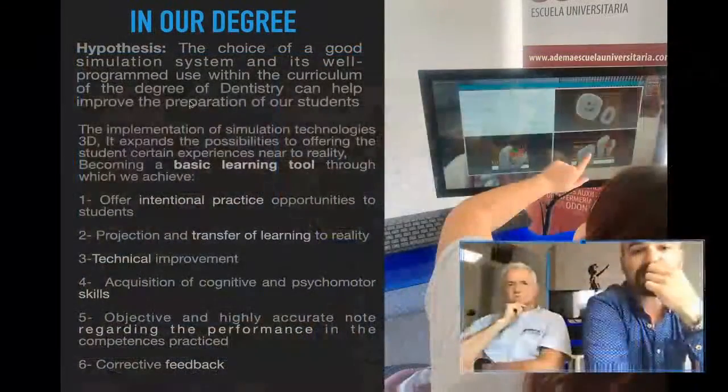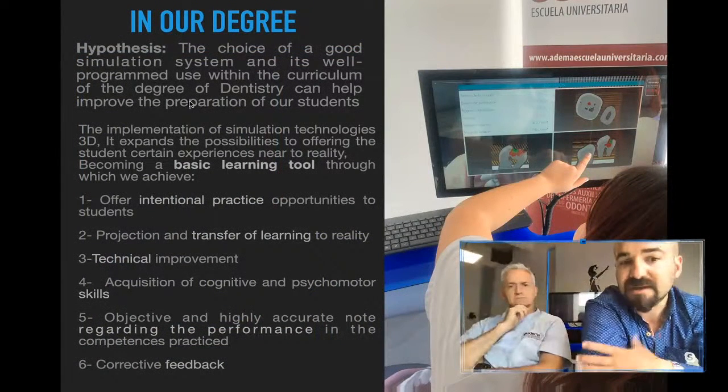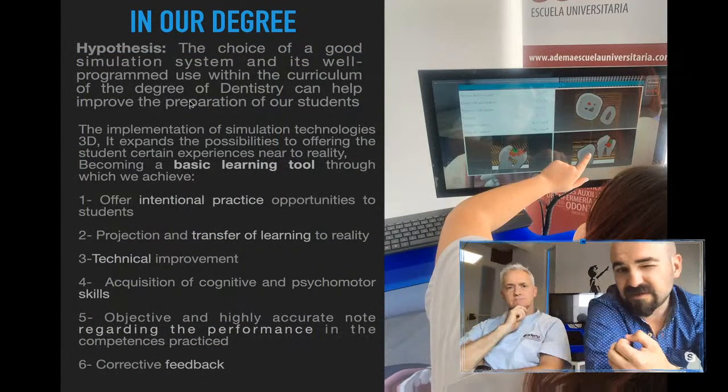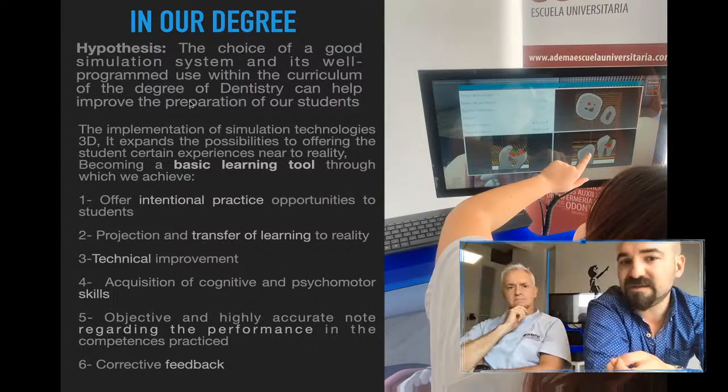Let me tell you that in days of so many changes in education, the choice of a good simulation system, well programmed and used within the curriculum of the degree of dentistry, can help improve the preparation of our students. The implementation of 3D simulation technology expands the possibilities of offering the students experiences near to reality.